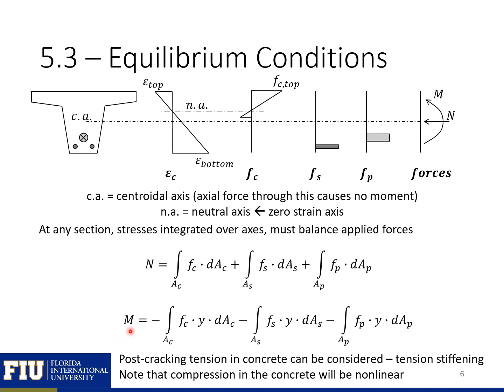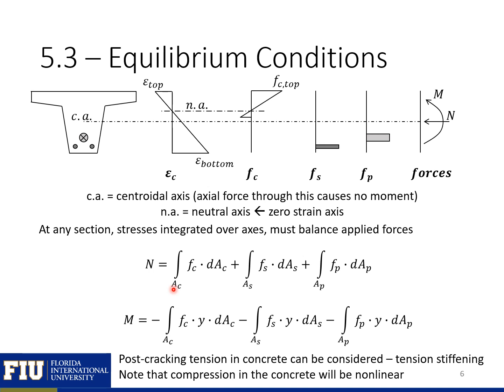With our moments, we need our external moments to equal our internal moment components. So here we need to integrate our stress times a distance from the centroidal axis over the area of concrete, same for steel, and same for prestressing. If you remember back to when we talked about axial loads, we could simplify this and just take our stress times our area because we had a constant strain profile across the depth, which means we had a constant stress profile across the depth.